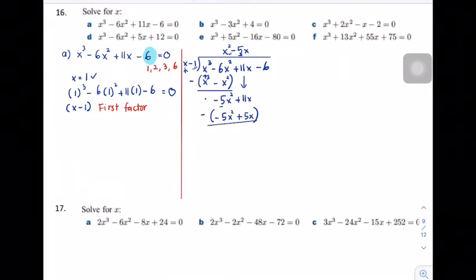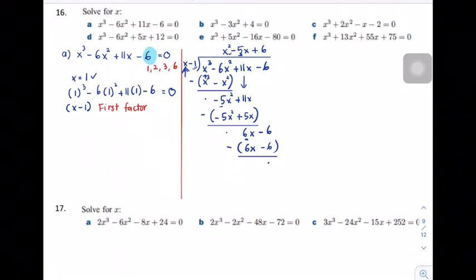Okay, bracket minus. So negative 5x squared minus negative 5x squared, 0. 11x minus 5x, so 6x minus 6. So 6x, x to become 6x, we have to multiply by positive 6. So 6 times x, 6x, 6 times negative 1, negative 6.